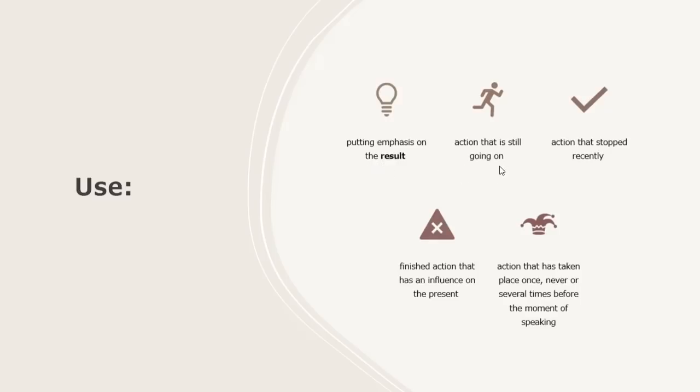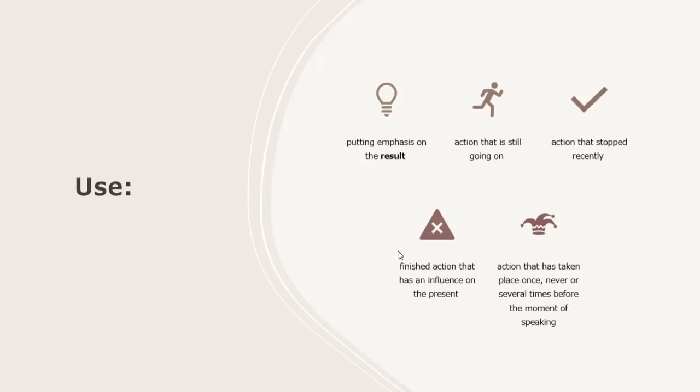Action that is still going on, but actually sometimes it is compared also with present continuous, but you can do also here. Action that stopped recently, yeah, he's just married or they've just married, like recently.